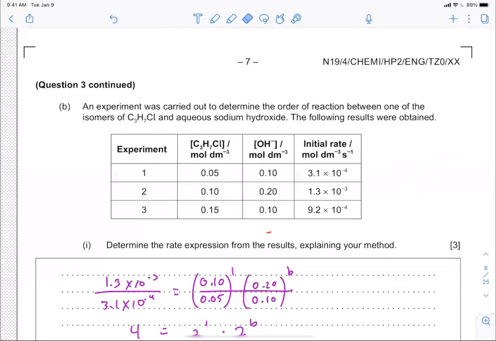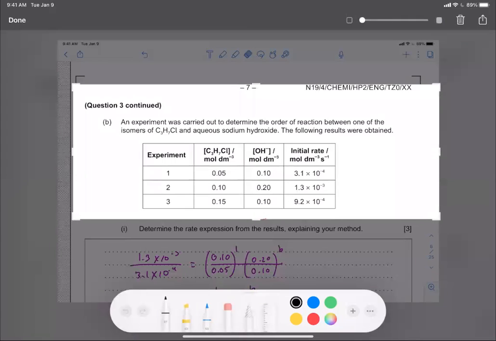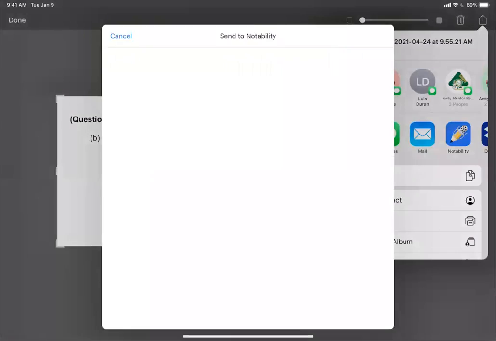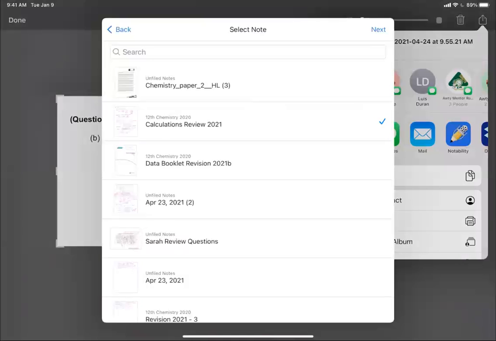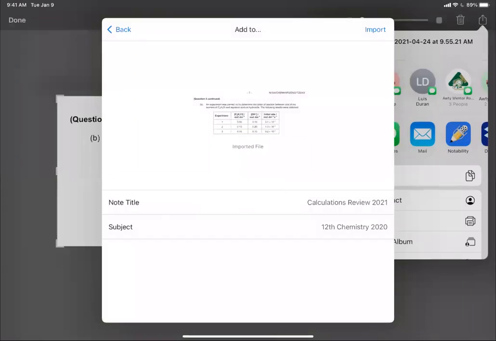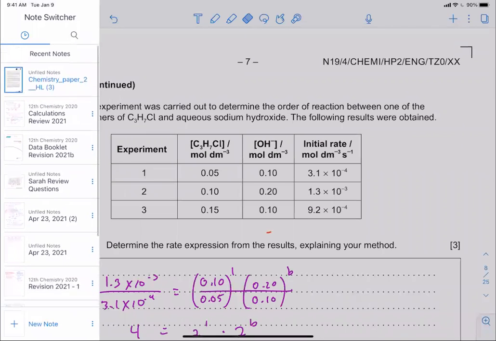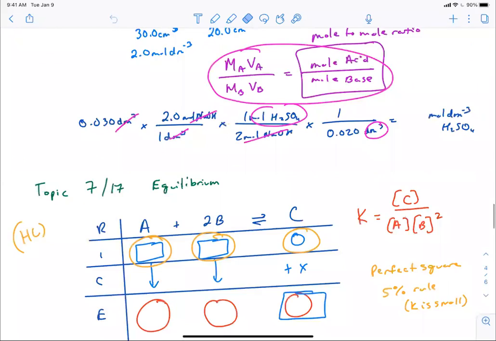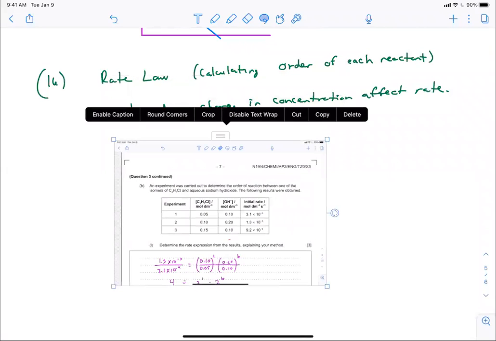Actually, this isn't exactly the one I want, but I'll use this one for now. Wait, where'd it go? Okay, that'll be fine.